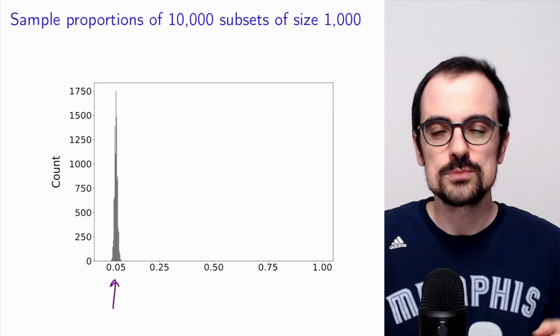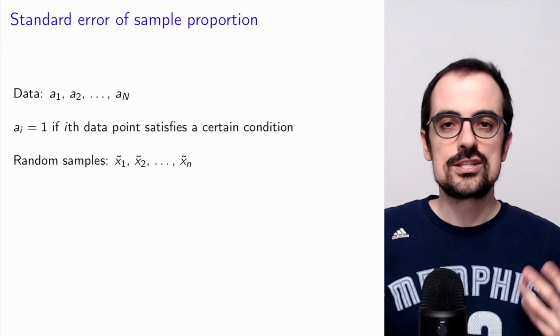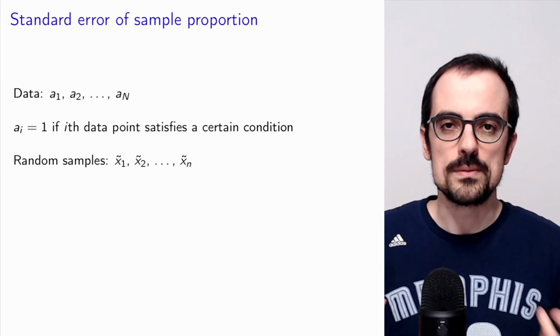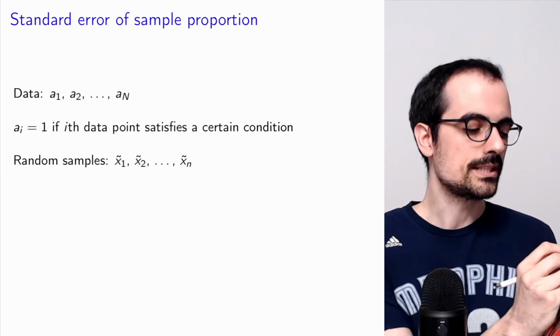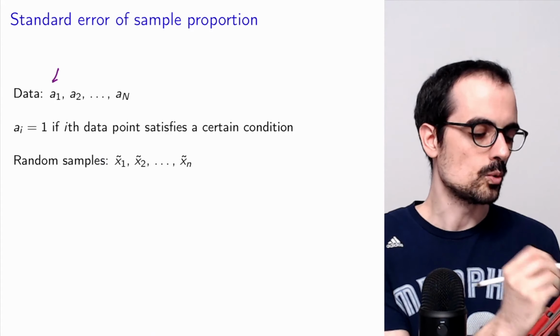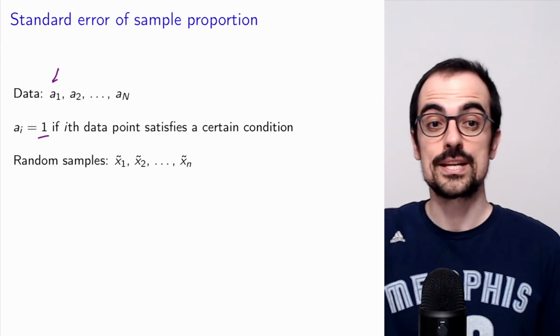So things are looking good, but we want to analyze this more theoretically. We saw in the previous video that we can have a probabilistic analysis of this situation where we consider that there's one data point per individual, which is equal to 1 if they have COVID-19 or any other condition that we're interested in, and 0 otherwise.